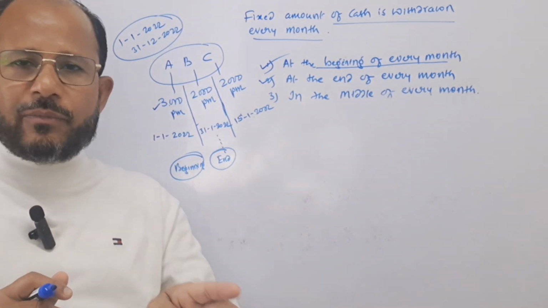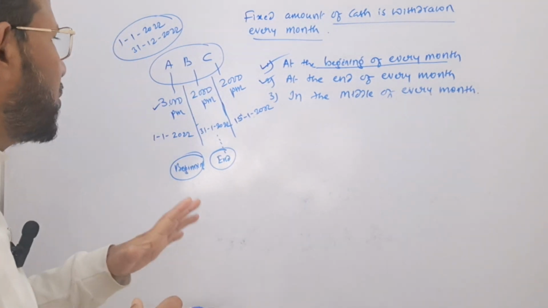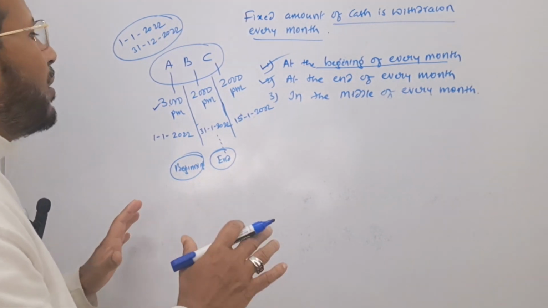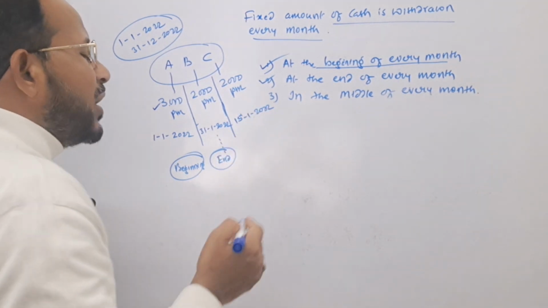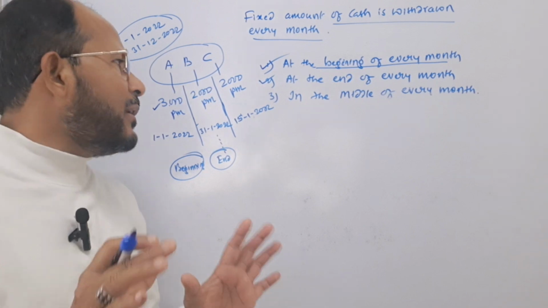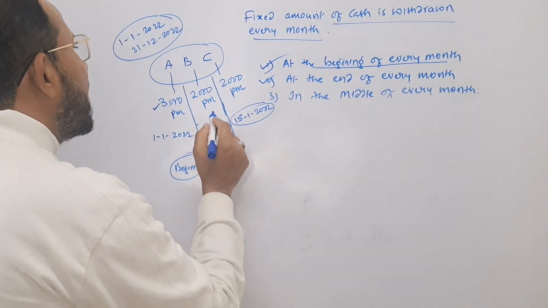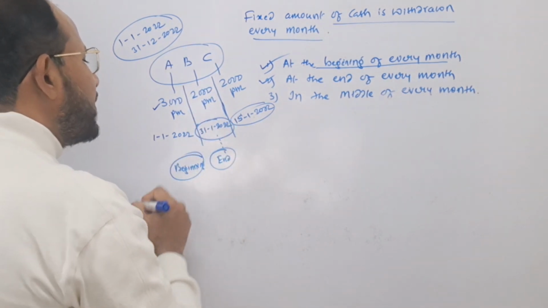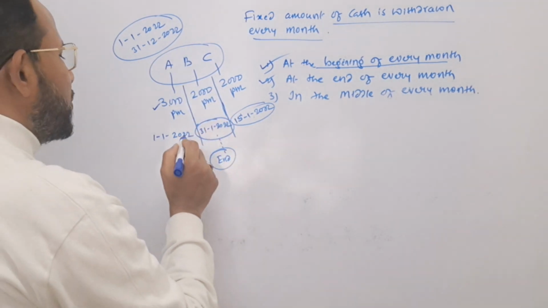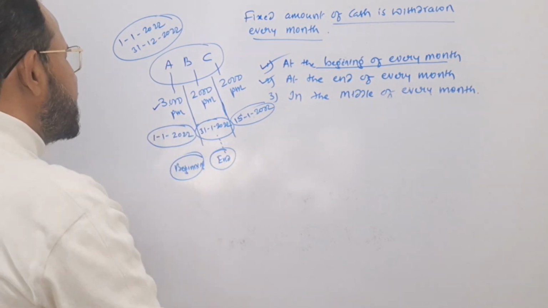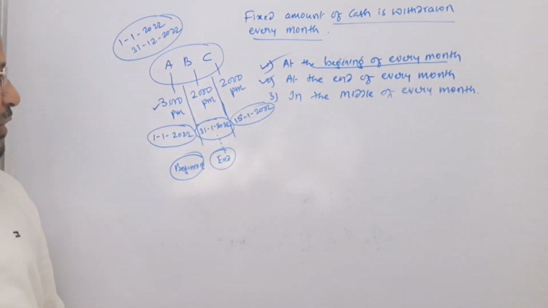Next one is 15th of March, again he is going to draw rupees 2000. Assume like this, in the middle of the month. It is not necessary that always it should be 15. We have to assume that on 15th January he is withdrawing the amount, and Mr. B is withdrawing on 31st January 2022, and Mr. A is withdrawing on 1st January 2022.